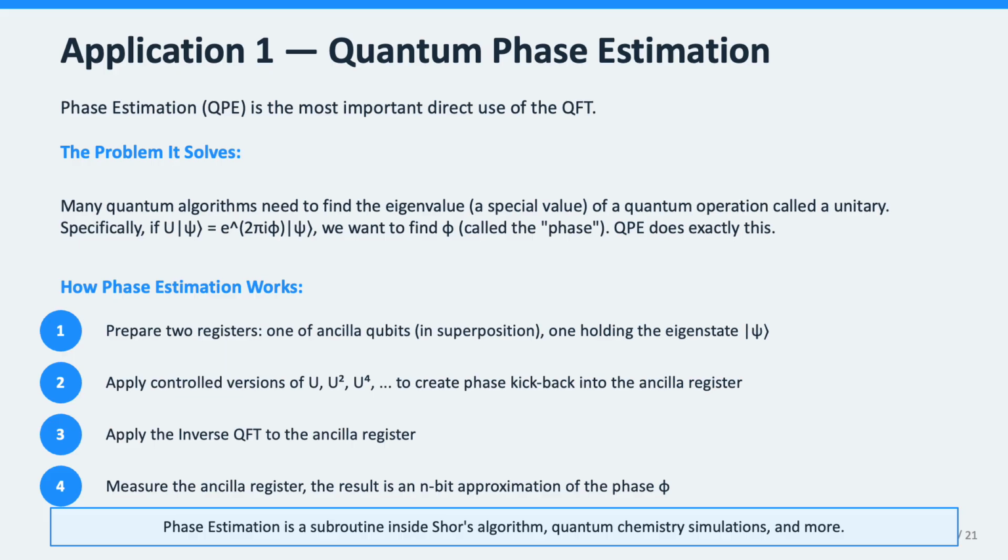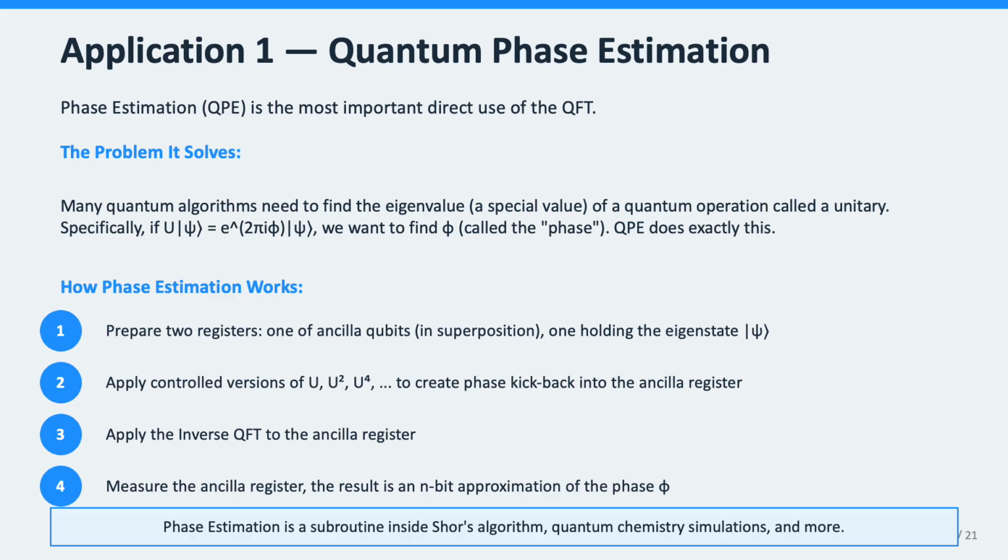Each controlled application kicks the phase back into the ancilla register, building up a binary encoded version of the unknown angle across all the ancilla qubits. Finally, we apply the inverse QFT to the ancilla register and measure it. The measured result is a binary approximation of the unknown phase angle, with precision that improves as we add more ancilla qubits.